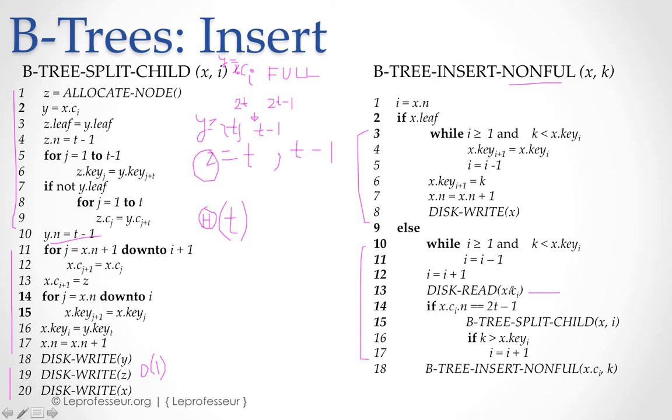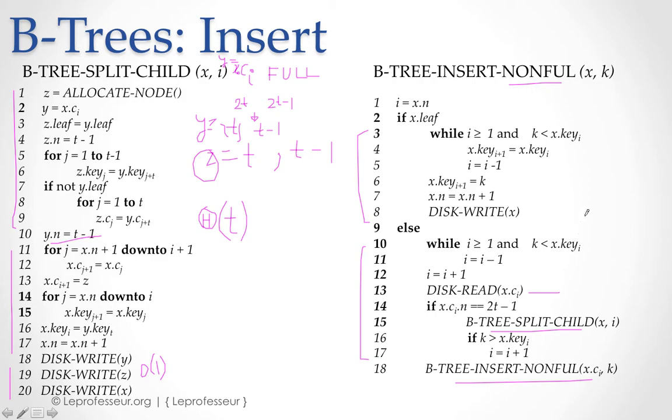After we read that information, we need to know whether this child is full or not. If it is full, then we split the child, and after splitting we use the same routine recursively, right? Isn't it simple? Fascinating technique of using recursion.